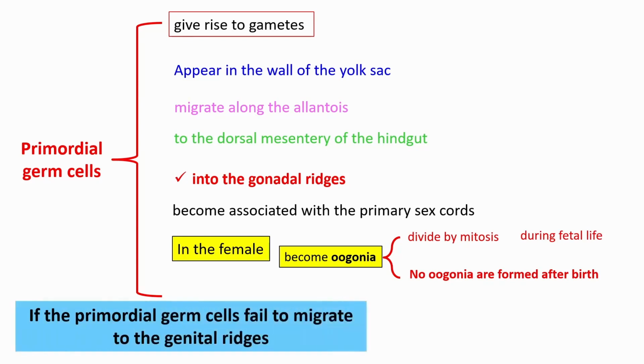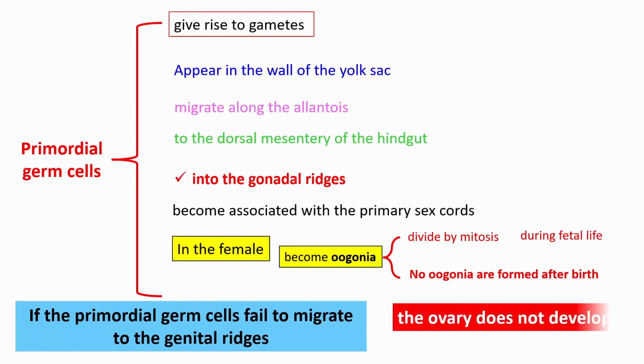Now, if the primordial germ cells fail to reach or to migrate to the genital ridges, then the ovary does not develop. It is the same story for the testis, the male primary genital organ.